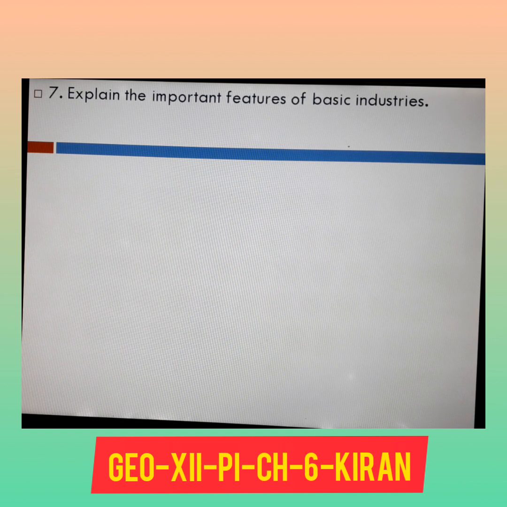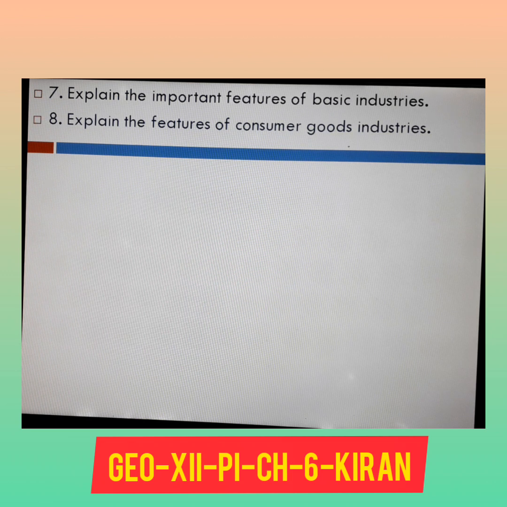Seventh, explain the important features of basic industries. Eighth, explain the features of consumer goods industries.